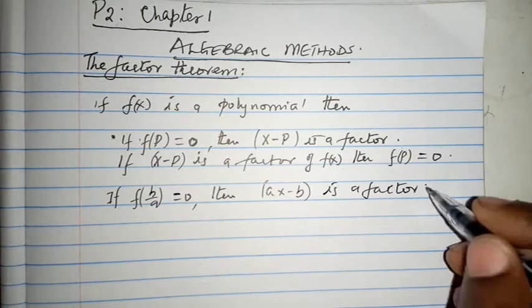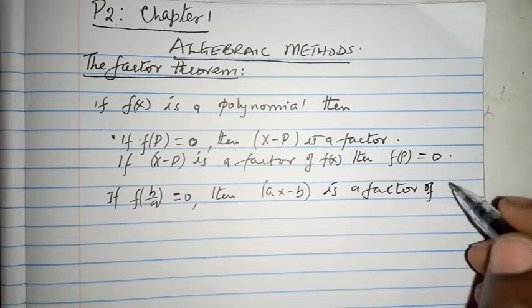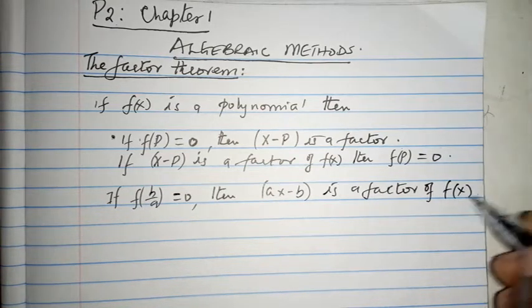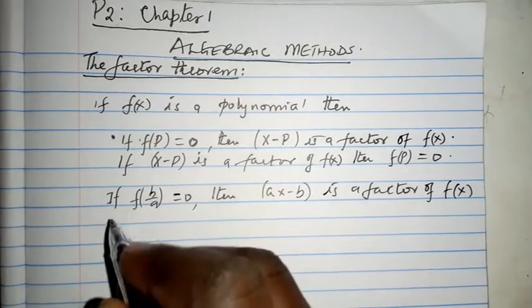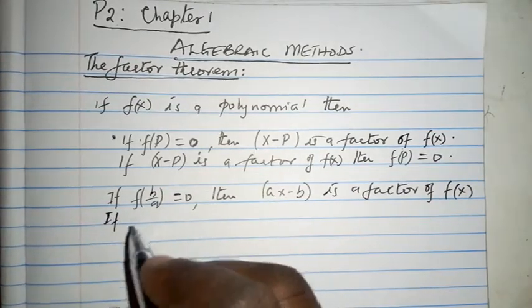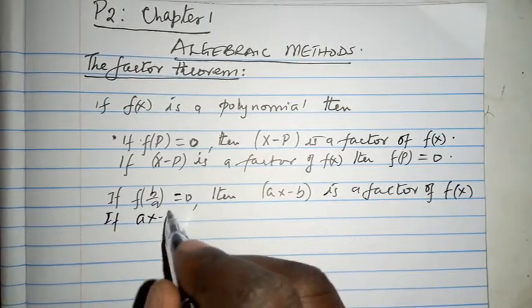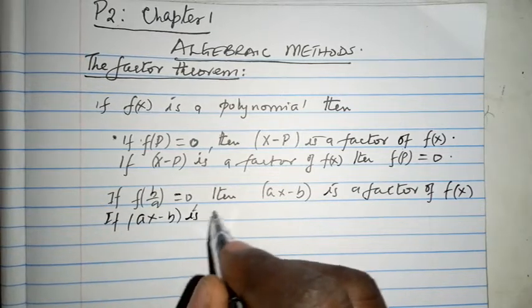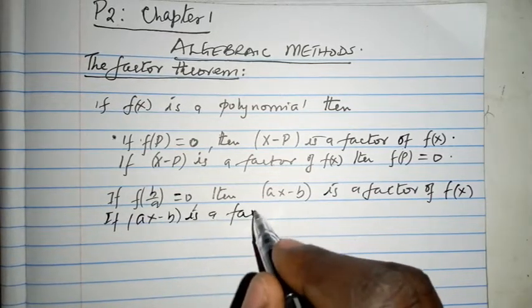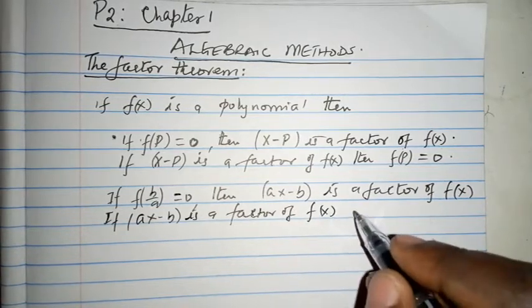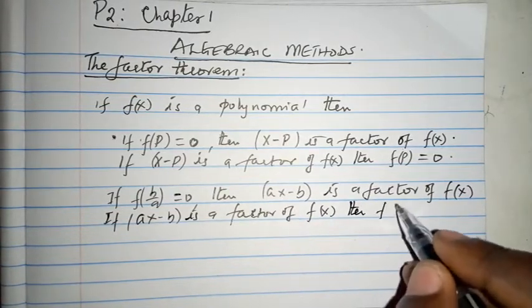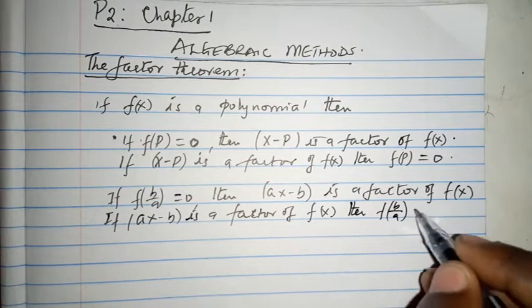It is a factor of f(x). And if ax minus b is a factor of f(x), then f(b over a) is 0.